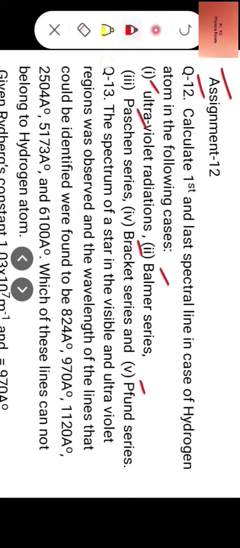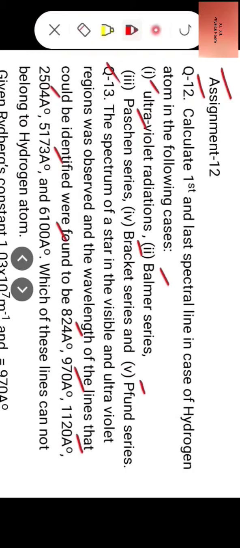Now question number 13. The spectrum of a star in the visible and ultraviolet regions was observed, and the wavelengths of the lines that could be identified were found to be 824 angstrom, 970 angstrom, 1120 angstrom, 2504 angstrom, 5173 angstrom, and 6100 angstrom.